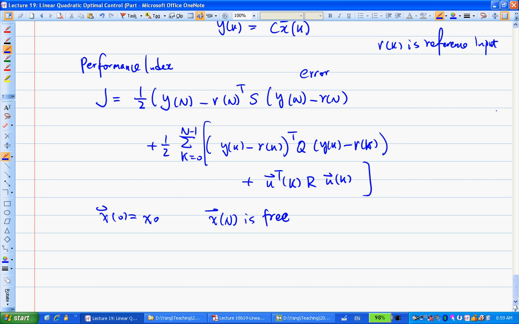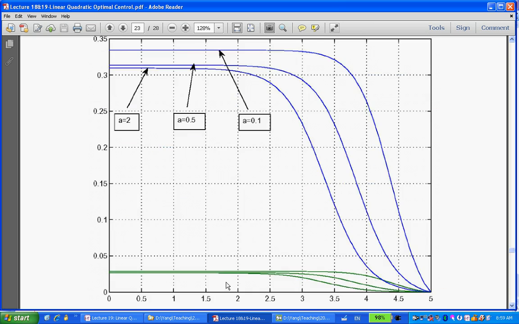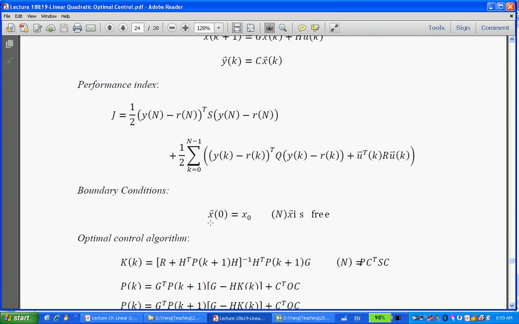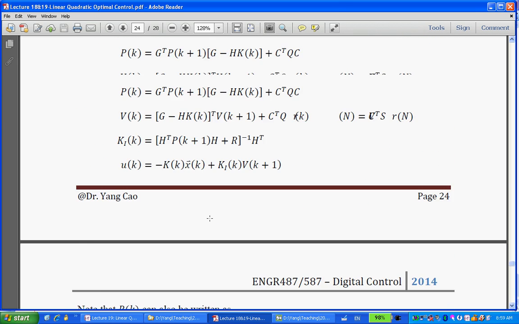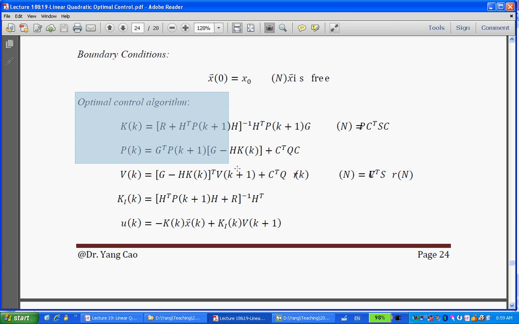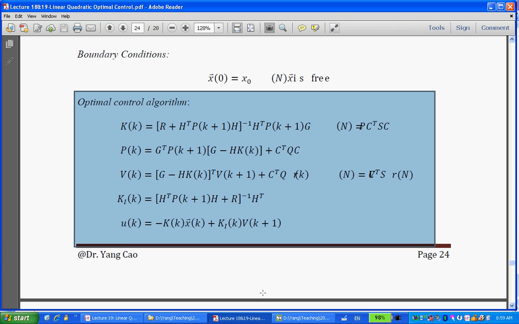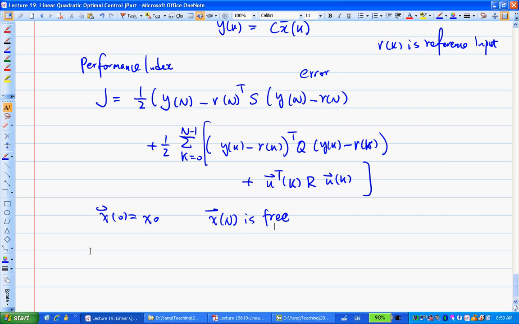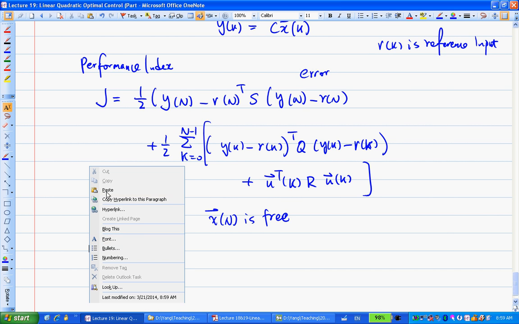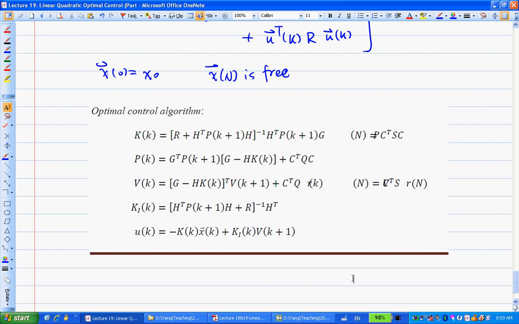So same thing. It's a little bit more complicated than the regulation problem. But in the end, you get this whole bunch of algorithms here. So that's your implementation essentially regarding the optimal control algorithm.